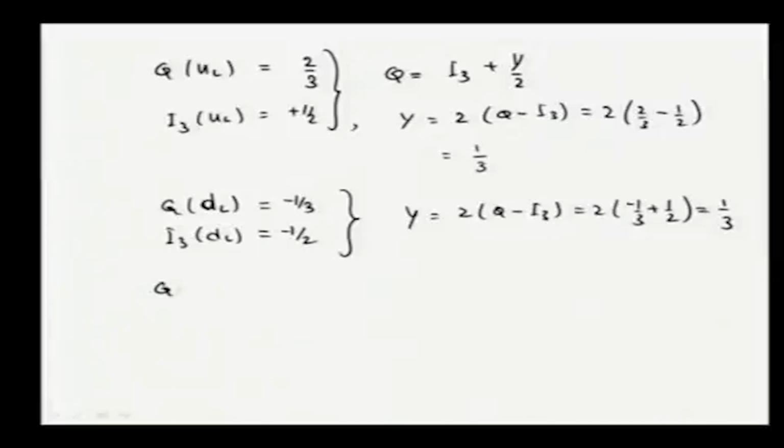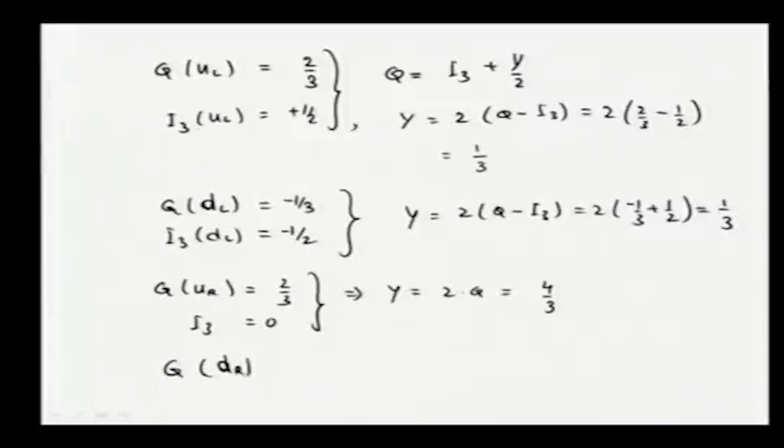Right handed: Q of the right handed charged quark U right handed is 2/3, I3 equal to 0, that gives Y equal to twice Q, which is equal to 4/3. And similarly, for down type right handed, Q is -1/3, I3 equal to 0, that will give you Y equal to -2/3.